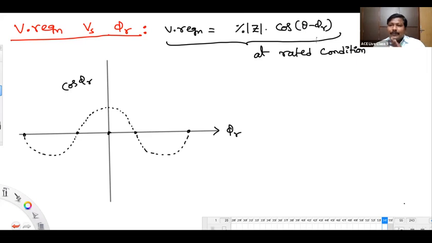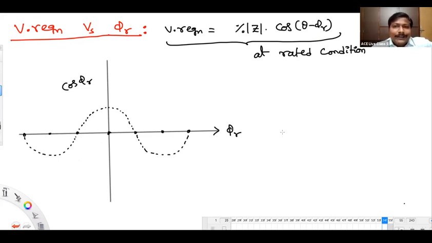But I need cos of (theta minus phi r), right? That means this curve has to be shifted by an angle of theta. Before moving to that, let me show this midpoint also. It's also important for us. Generally, the theta angle will be less than 90 degrees. So this gap is the theta angle.